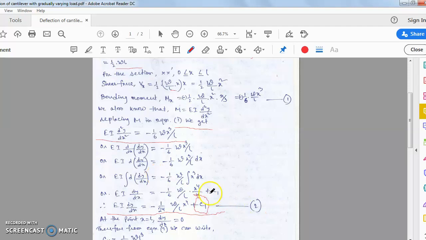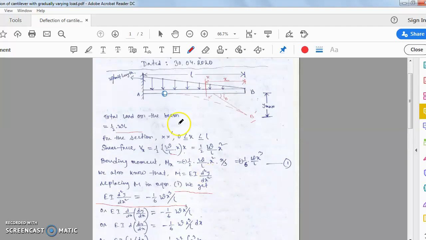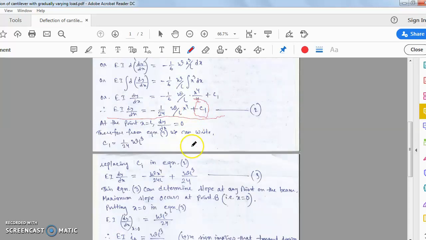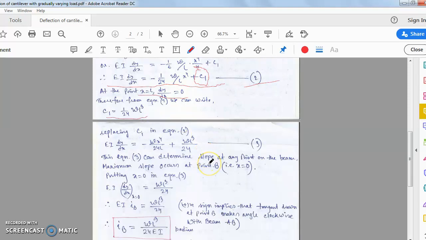At the point x equal to L, that means at point A, there is no slope. So at x equal to L, dy by dx equals 0. Put this boundary condition in equation 2 to calculate C1. Now replace C1 in equation 2 and we get equation 3.